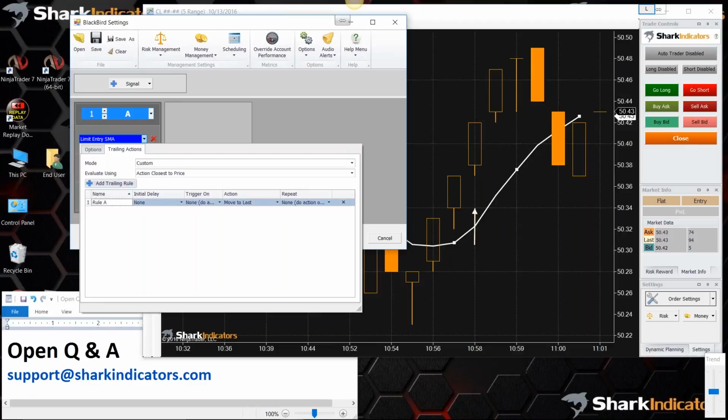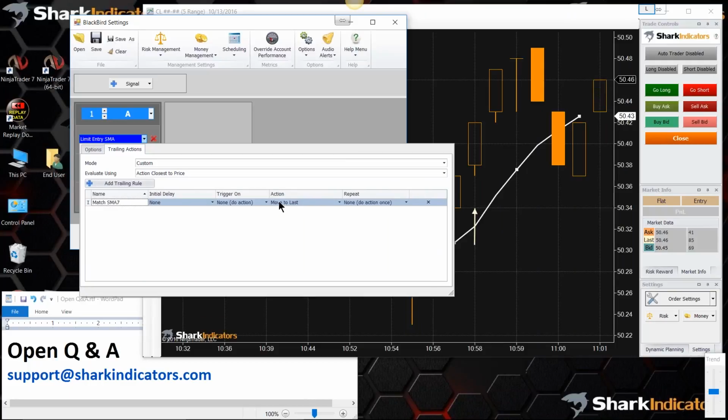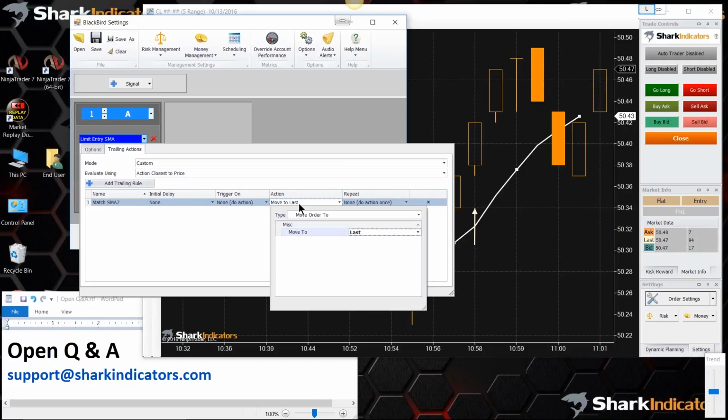And so let's give this rule a name. So this is saying we're going to match the SMA 7. And so for a trailing rule, all we need to set up is an action.